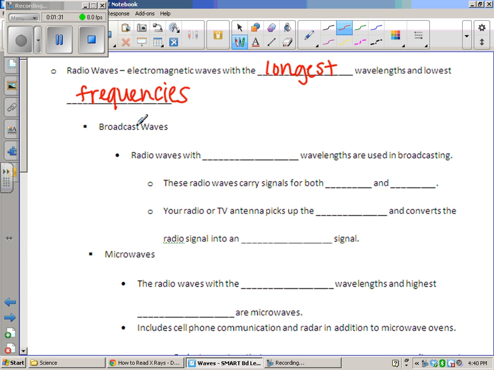So when we talk about the broadcast waves, these radio waves with the longest wavelengths are used in broadcasting. These radio waves carry signals for both radio and for TV. What happens is that your radio or TV antenna will pick up the wave.